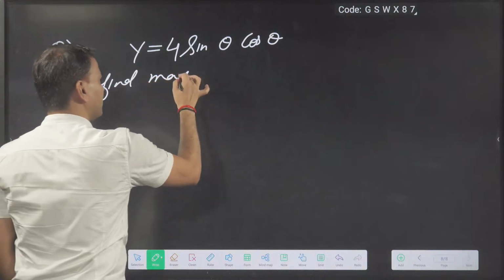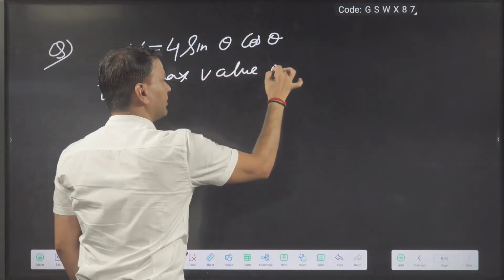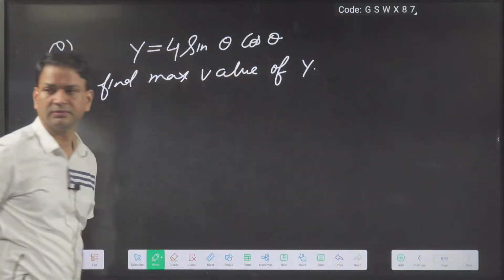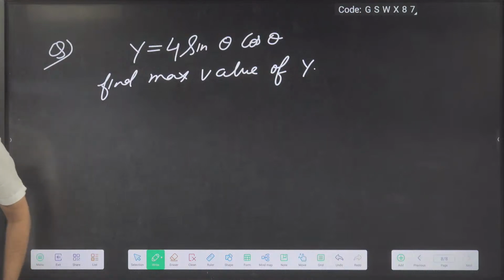Find maximum value of y. Tell fast, what is the answer? If I gave y is equal to 4 sine theta into cos theta, what is the maximum value of y?